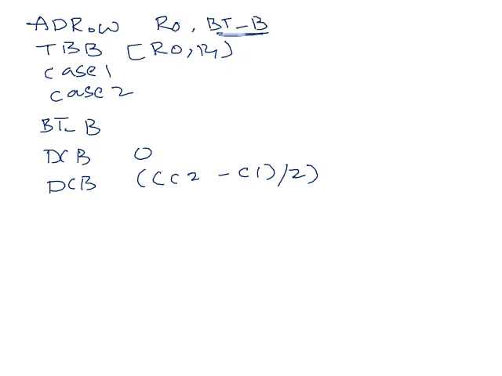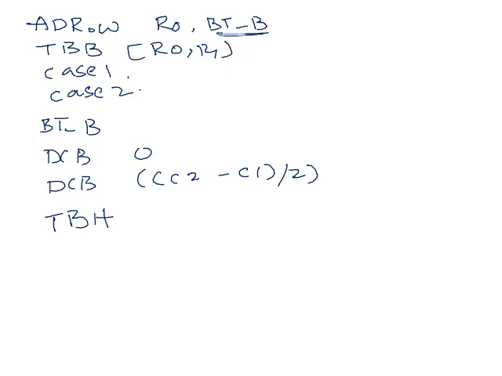These are the values R0 and R1, and these will be compared. R0 will be added either with this or with case 2 result minus case 1 result divided by 2.